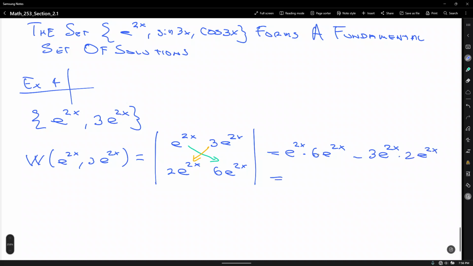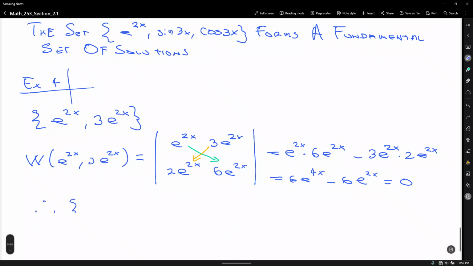That's going to give us 6 e to the 4x minus 3 times 2, which equals 6 e to the 4x, which equals 0. So because the Wronskian equals 0, this set is linearly dependent.